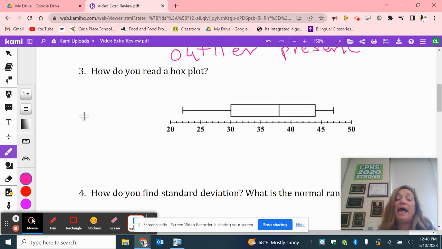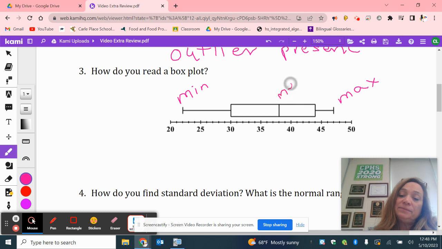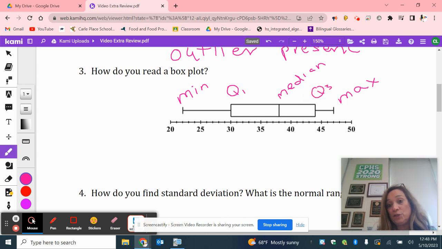Okay, question 3, how do you read a box plot? So you're looking for the 5 numbers. So this would be the min, this would be the max, and this would be the median. Then this would be Q1, and this would be Q3. Remember, the median is the same as Q2, quartile 2.